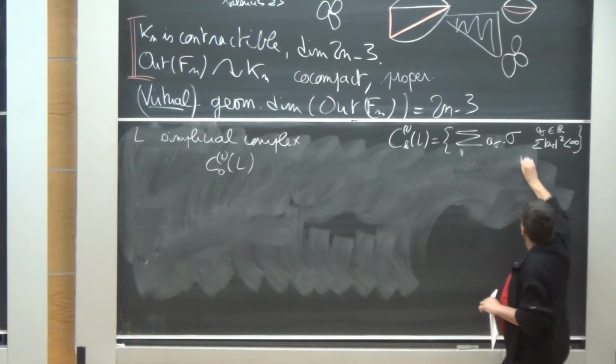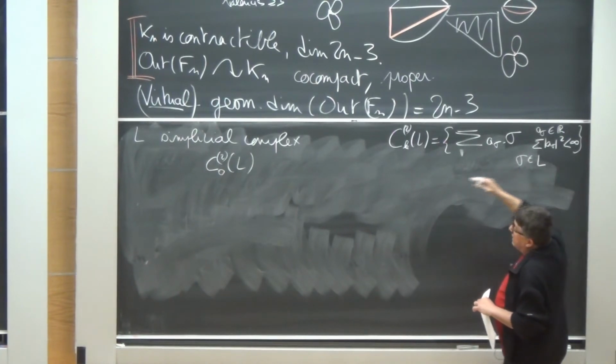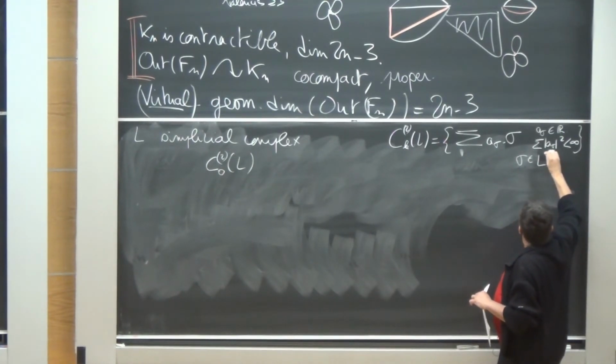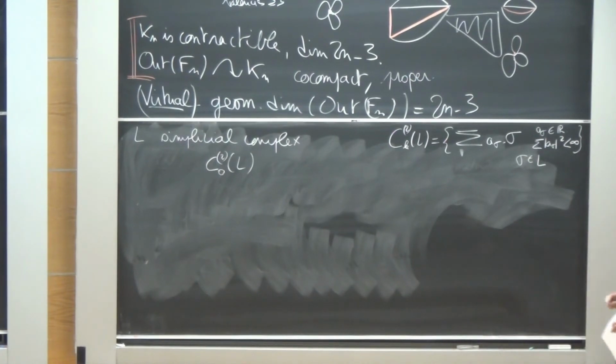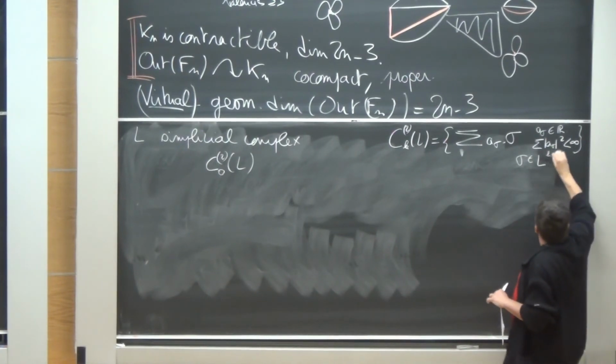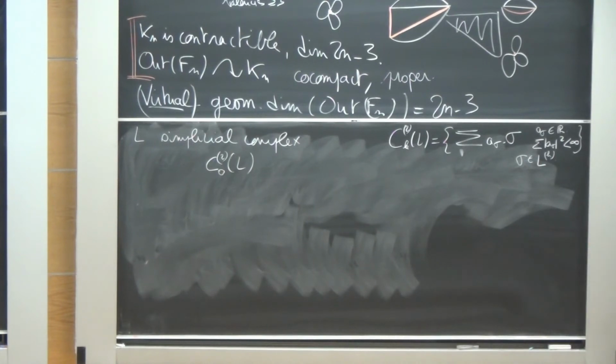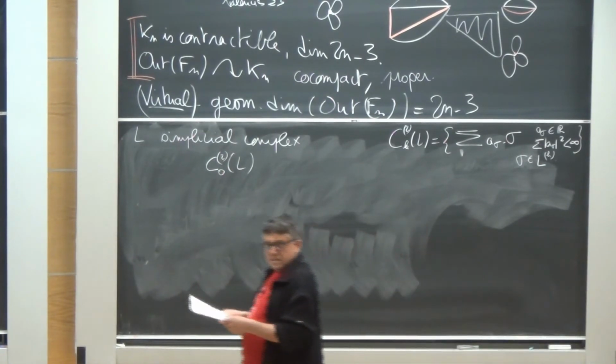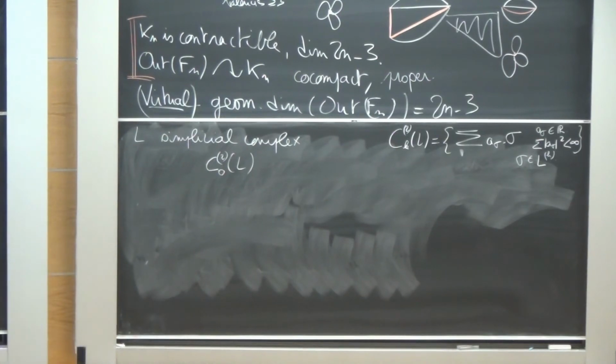Okay? And sigma, of course, are elements of dimension k of the complex. Is it okay? So it is a Hilbert space with Hilbert base, the simplices of dimension k.